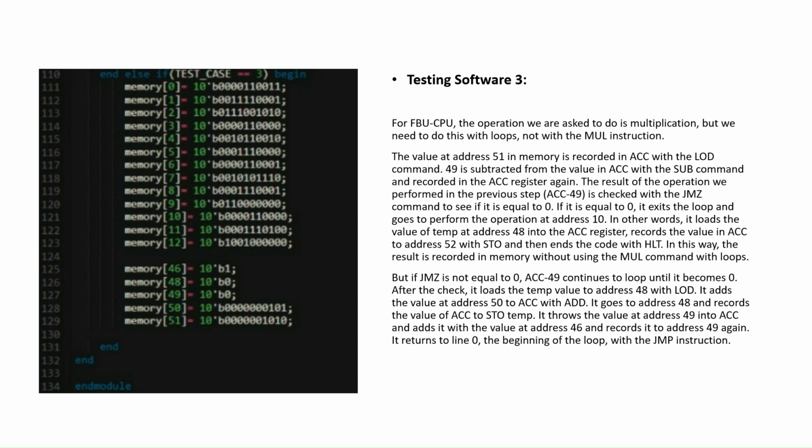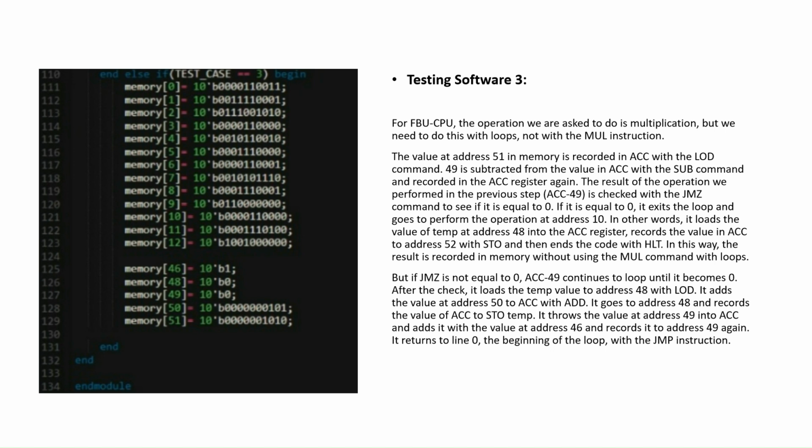If it's equal to 0, it exits the loop and goes to perform the operation at address 10. In other words, it loads the value of temp at address 48 into the ACK register, records the value in ACK to address 52 with STO, and then ends the code with HLT. In this way, the result is recorded in memory without using the MUL command, with loops.